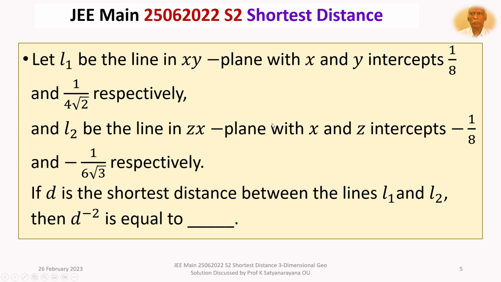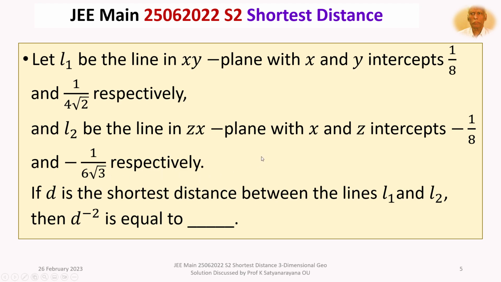We have two lines L1 and L2. L1 is a line in the xy plane with x and y intercepts respectively 1 by 8 and 1 by 4 root 2. And L2 is a line in the zx plane with x and z intercepts minus 1 by 8 and minus 1 by 6 root 3 respectively.